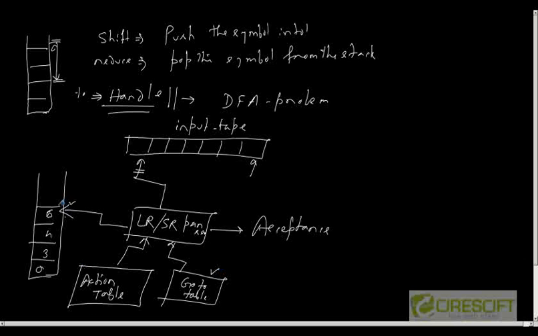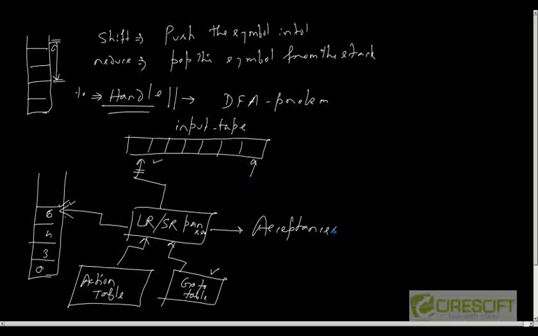Based on the current state and the input tape, I try to figure out what action I need to take, whether I need to shift, reduce, accept or reject. On the basis of that, this procedure continues till I reach the end of the input string.